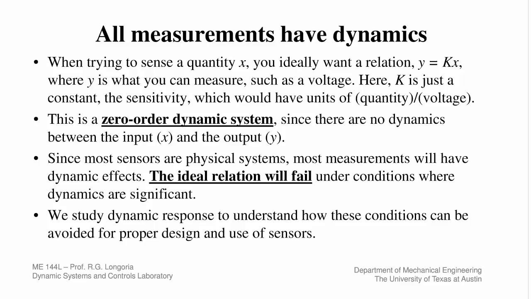In this video, I'm going to talk a little bit about how dynamic effects pop up in measurements, and we're going to talk primarily about mechanical type sensors, mass spring damper configurations, but really this holds for all types of sensors that have those kinds of dynamics.